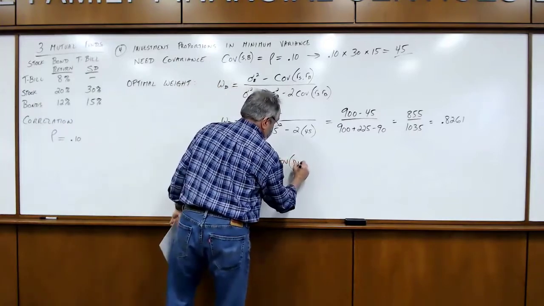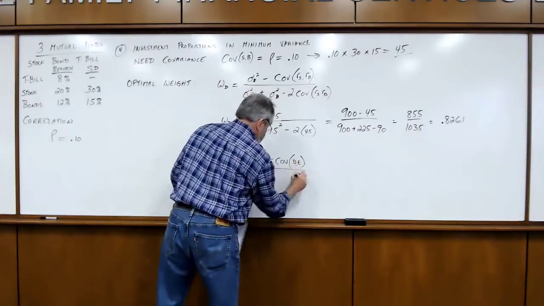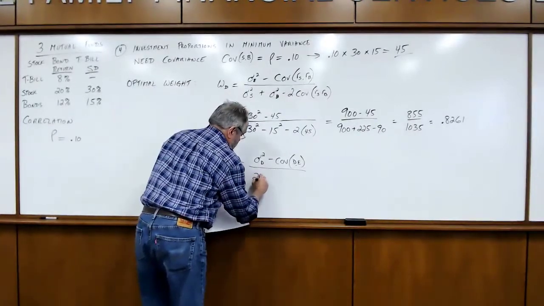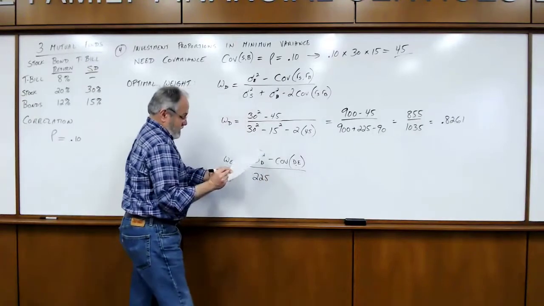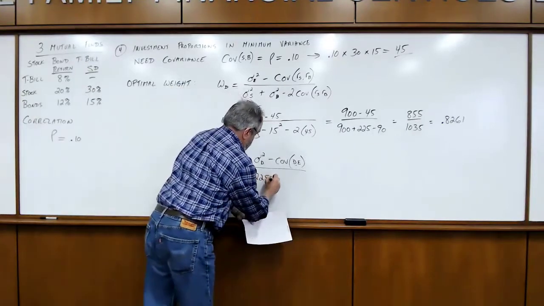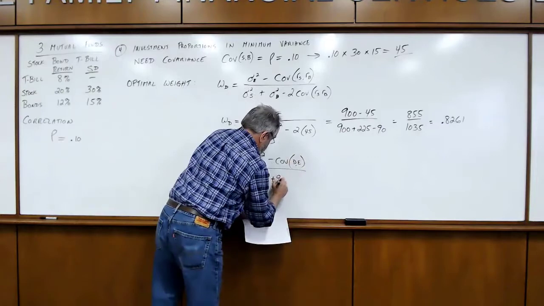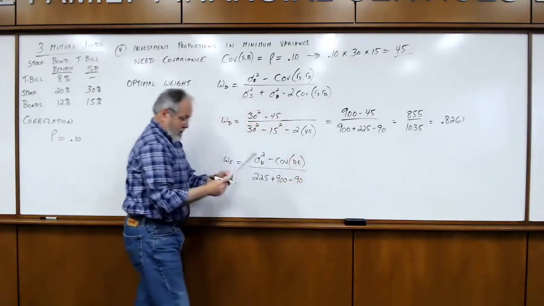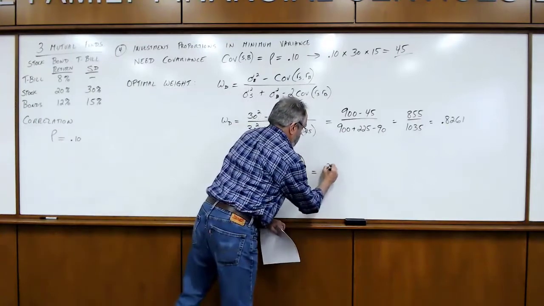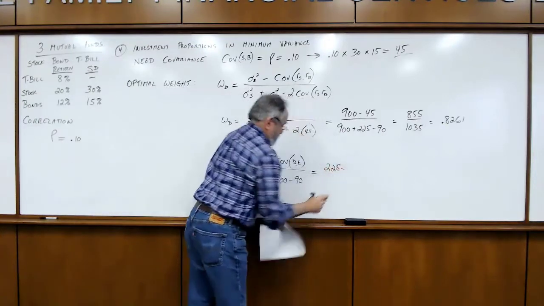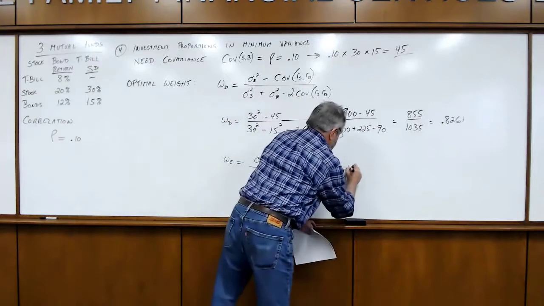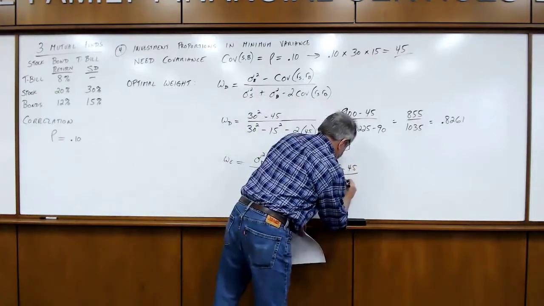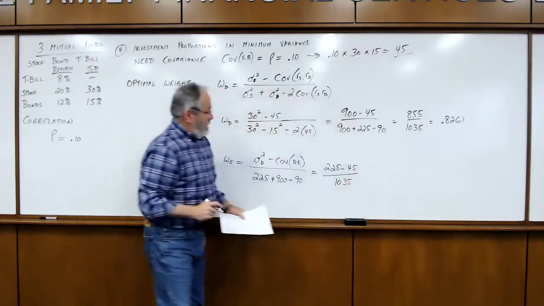Covariance, debt and equity, and this is the same, isn't it? 900 minus 90, which becomes over, right?